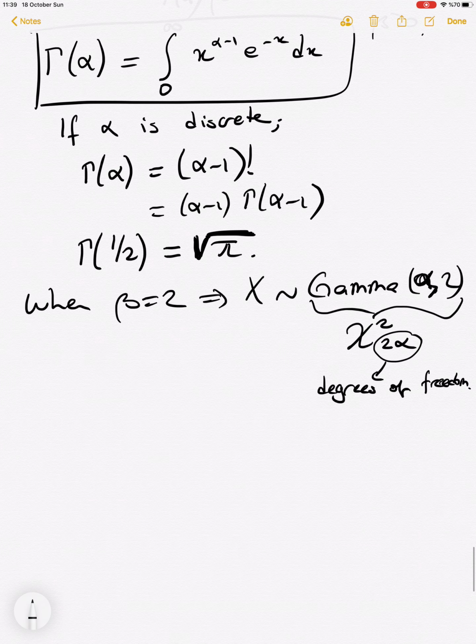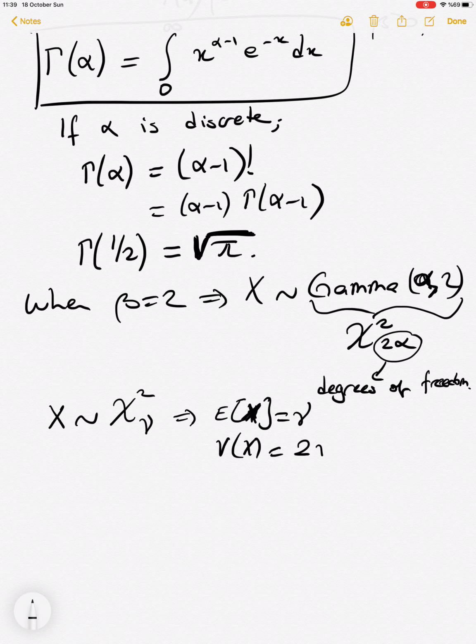It has some characteristics. If X is distributed as chi-square with nu degrees of freedom, then its expectation will be the same as its degrees of freedom, and the variance of X will be 2 times that.